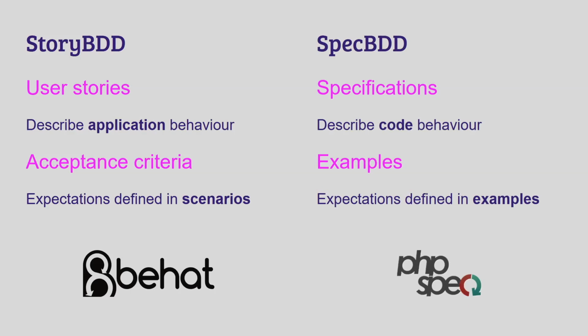Unit testing tools, such as PhpSpec, can be used to confirm that the code functions as expected given each example. This is behavior-driven development at the spec level, or spec BDD. Together, story BDD and spec BDD cover behavior-driven development at the business level and development level, respectively.